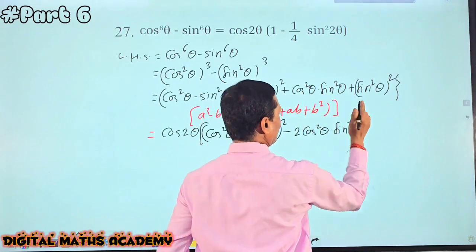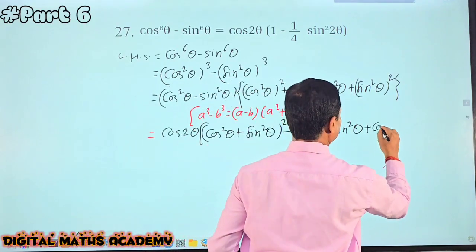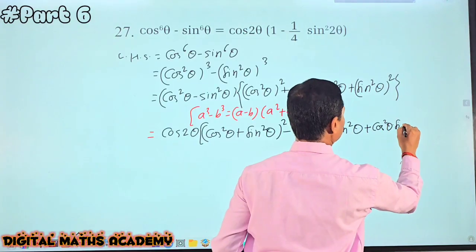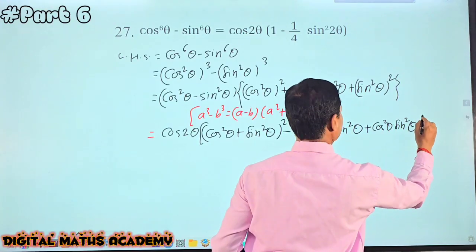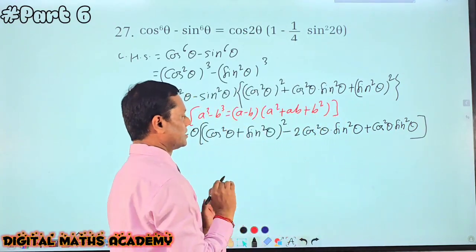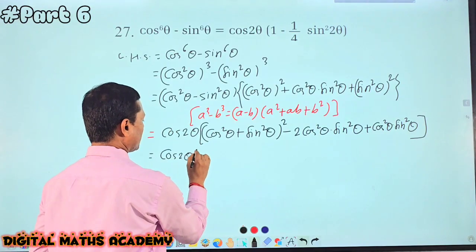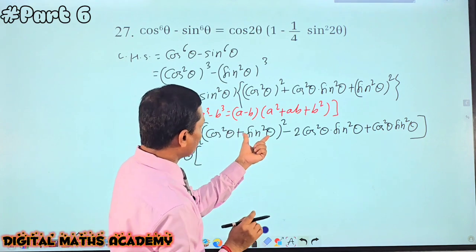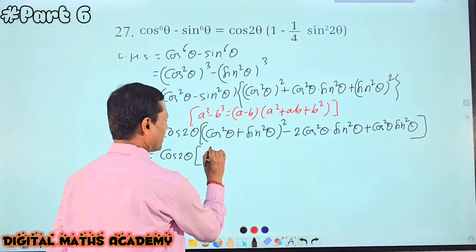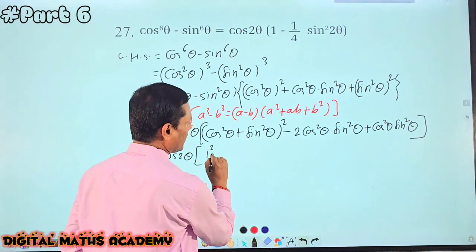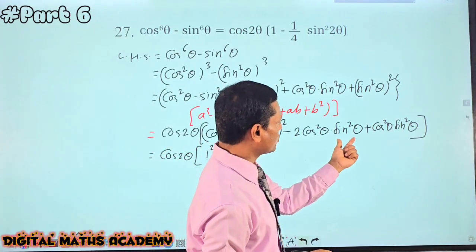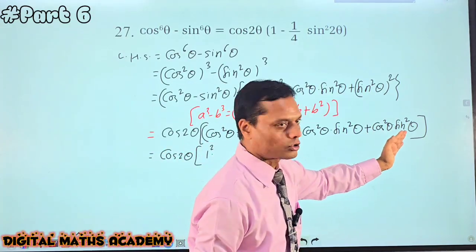And we already have in the expression cos square theta dot sin square theta. Next, we have cos 2 theta, and cos square theta plus sin square theta means 1, so we can write 1 square minus 2 cos square theta dot sin square theta, plus cos square theta dot sin square theta.